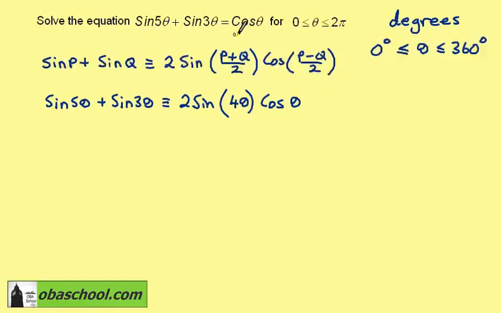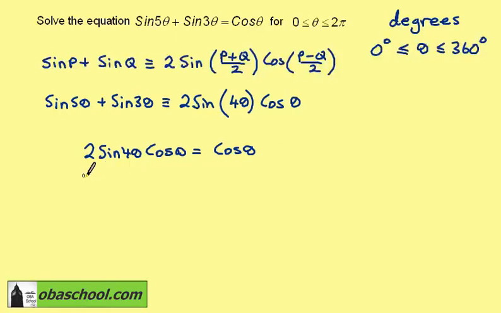So the equation now becomes 2 sin 4θ cos θ = cos θ. As mentioned in a previous example, it would be a mistake to just cancel cos θ on each side, because we would miss out on some solutions.